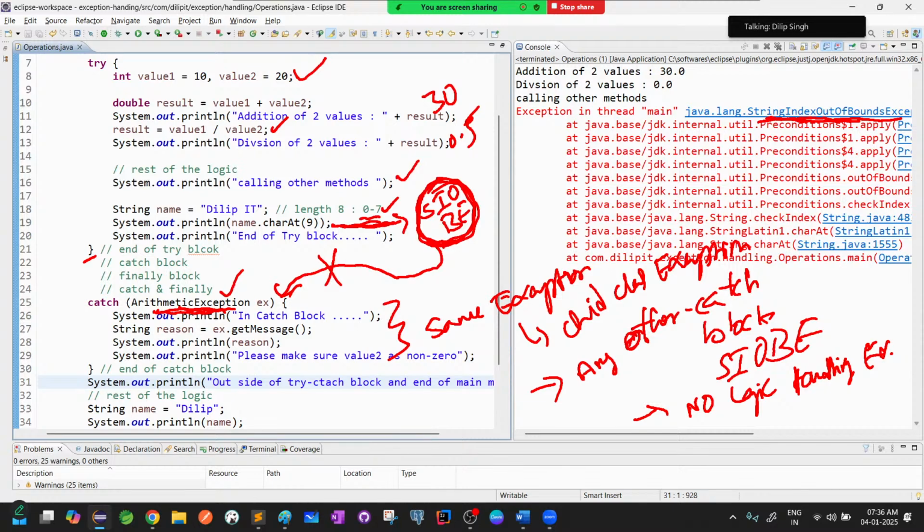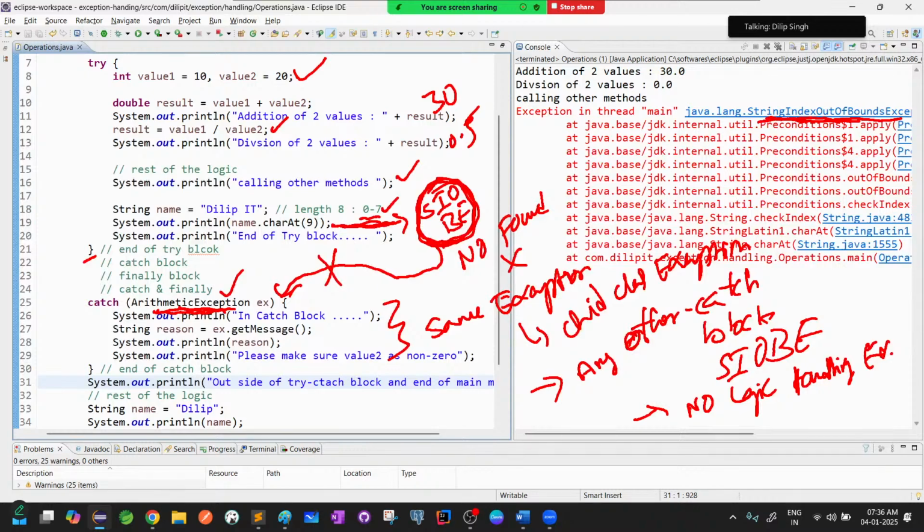After verifying the catch blocks and finding no catch block, it immediately terminates the process. That means execution flow is terminated and JVM leaves the process.